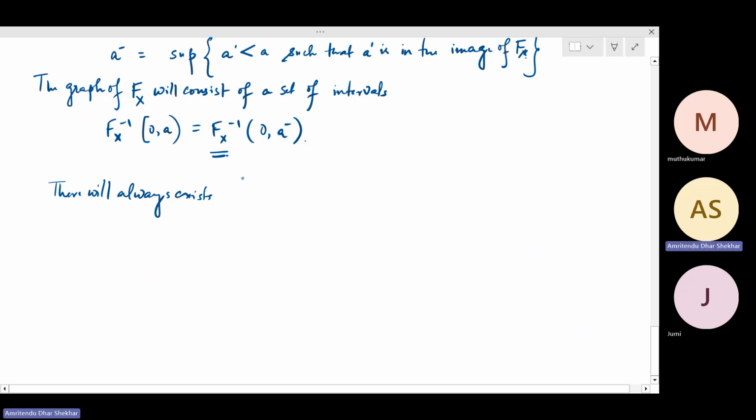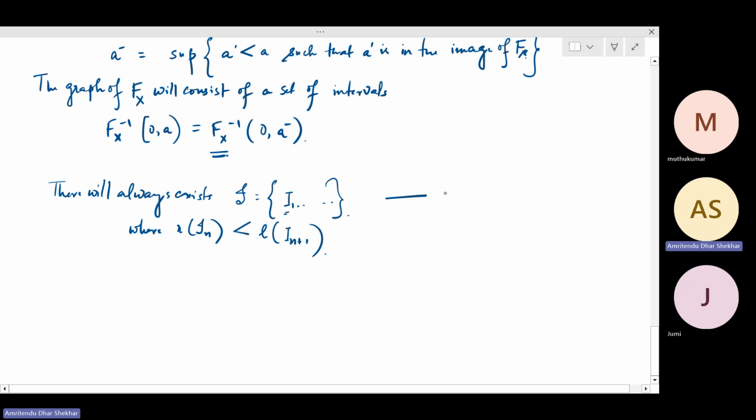There will always exist this set of intervals I_n, where the rightmost point of I_n is less than or equal to the leftmost point of I_(n+1).